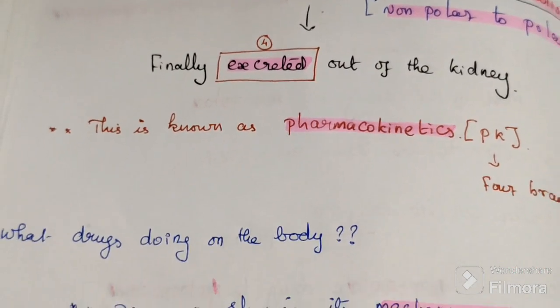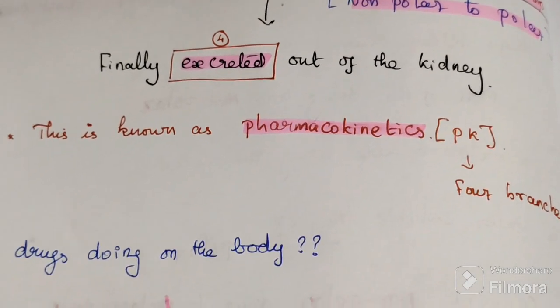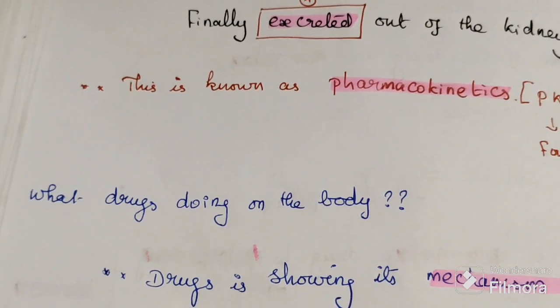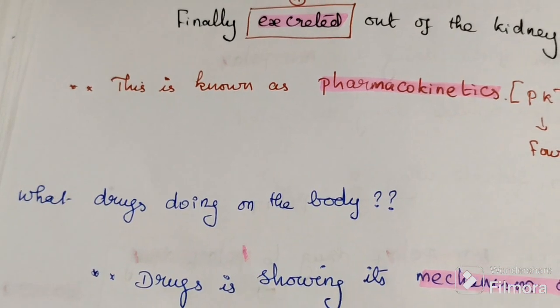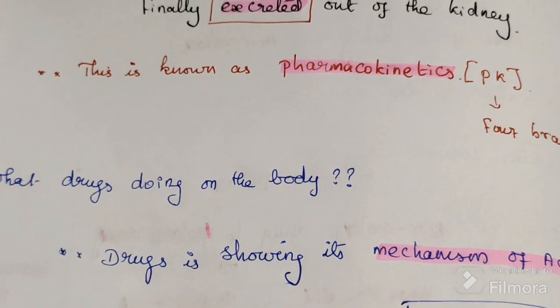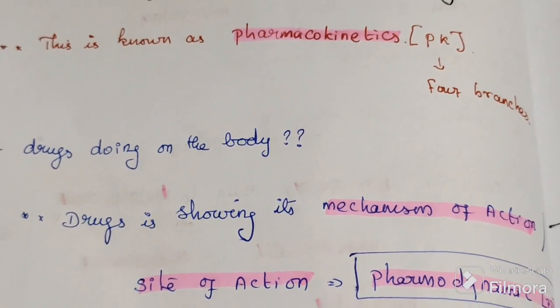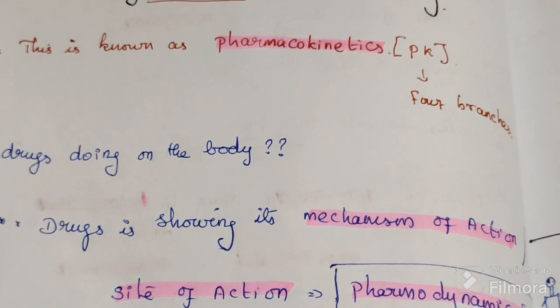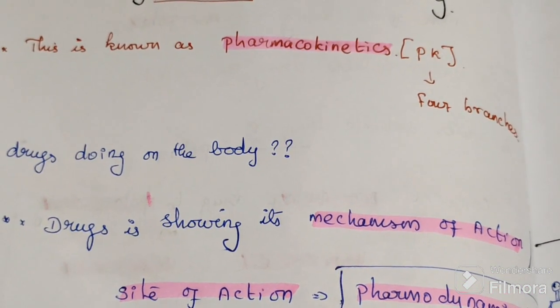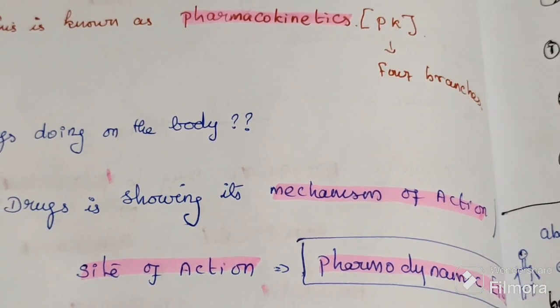PK has four branches. What is the drug doing to the body? The drug is doing only one thing to the body. The drug shows its mechanism of action or site of action. This portion is known as pharmacodynamics, PD.